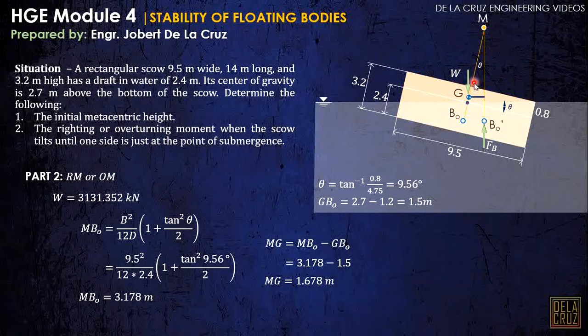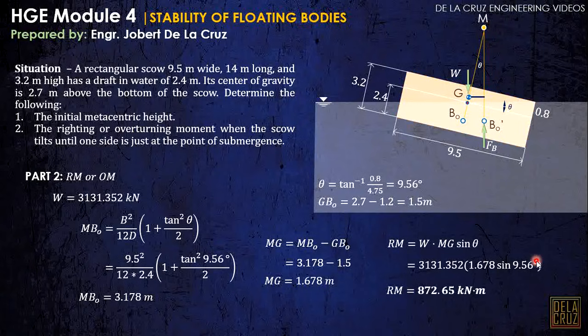Yung M natin is nasa itaas ng W. That means it will create a righting moment or ipapastable niya ulit yung ating ship or scow. Again, this formula, W times MG times sine of theta, then substitute, we can calculate the righting moment, and that is the value, 872.65 kilonewtons meter. Okay? So, that's it for this week.